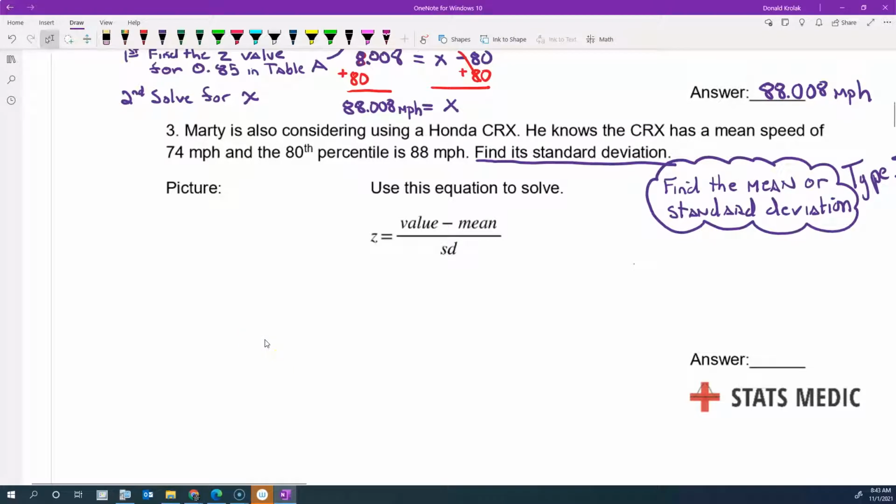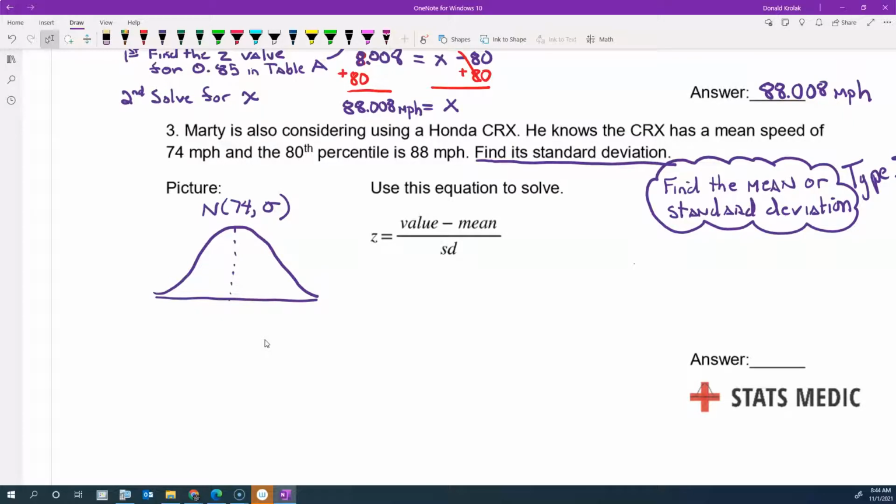We're going to draw a picture. Okay, now we've got a new mean. The new mean is 74. We don't know the standard deviation, so I'm just going to leave it.